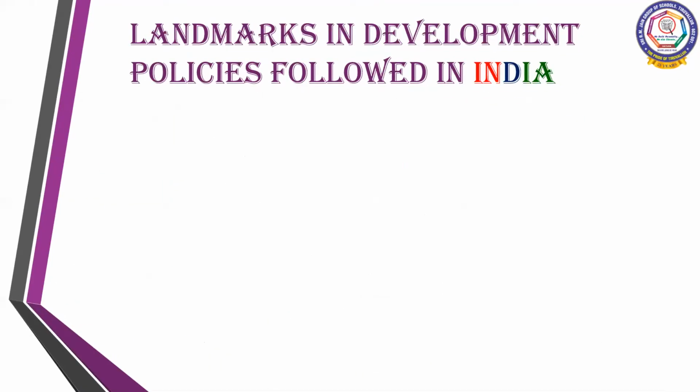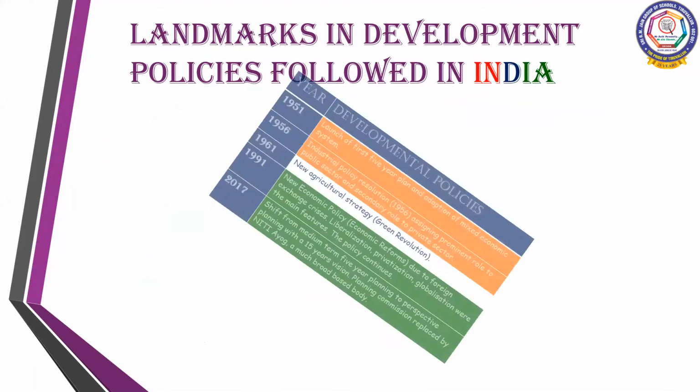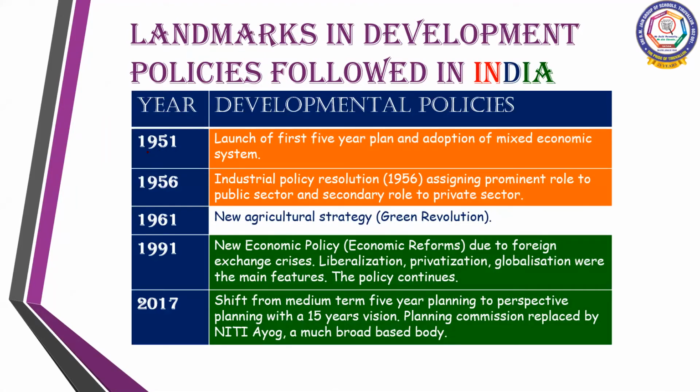Landmarks in the development policies followed in India. In 1951, India launched its first 5 year plan and adopted the mixed economy approach. In 1956, the Industrial Policy Resolution of 1956 assigned a prominent role to the public sector and a secondary role to the private sector.